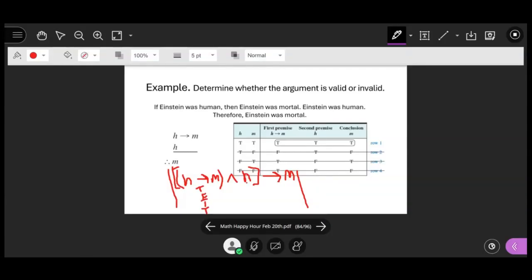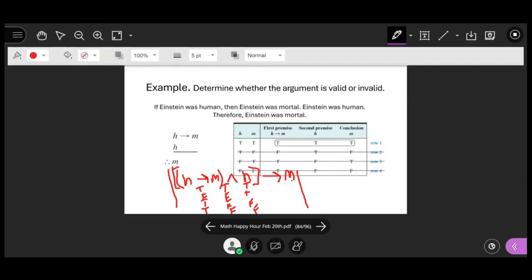And then H here is true, true, false, and false. So with the and, it would just be true here, because I'm looking at true and true. False, true would be false. True, false would be false again. So this is false and false.